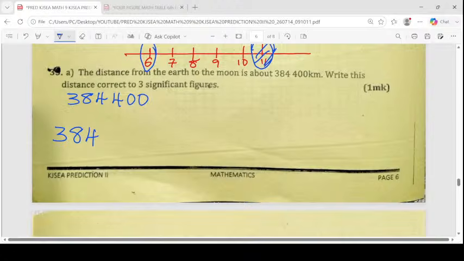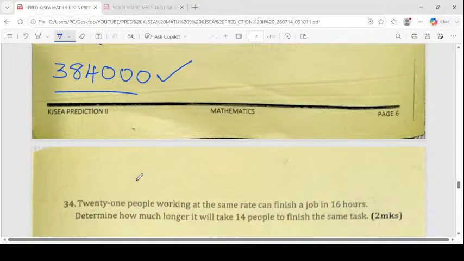Then these zeros will just remain here as placeholders. After these 3, all this will have to change to zeros to act as placeholders. So this will become 384,000 as our answer. The zeros at the end there are not significant, but they are just there as placeholders.